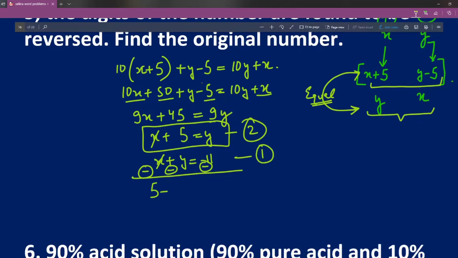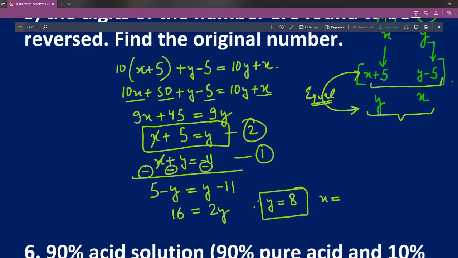This will become 2y equal to 16, because 11 will go this side. Therefore y will be equal to 8. Consequently, x plus y is 11, so if y is 8, x is equal to 3. So my number is 38.